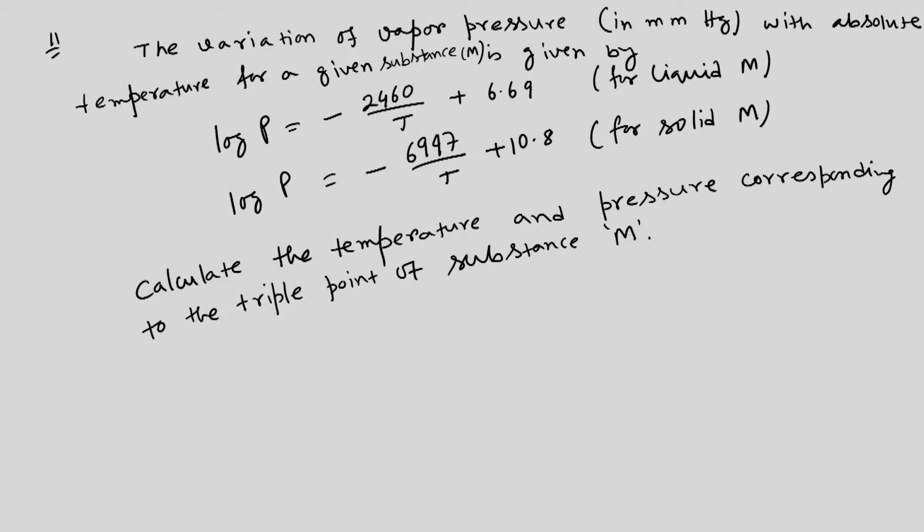So, problem number 11 is the variation of vapor pressure in mmHg with absolute temperature for a given substance M is given by log P equals minus 2460 by T plus 6.69 for liquid M, and log P equals minus 6947 by T plus 10.8 for solid M. Calculate the temperature and pressure corresponding to the triple point of substance M. So, at triple point in pressure temperature diagram, all three coexistence lines meet here.